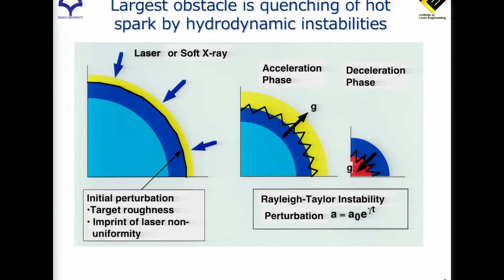And since the light hot spark pushes the heavy main fuel, it becomes Rayleigh-Taylor unstable again. And if the perturbation is large enough, the hot spark is completely destroyed, quenching the ignition.